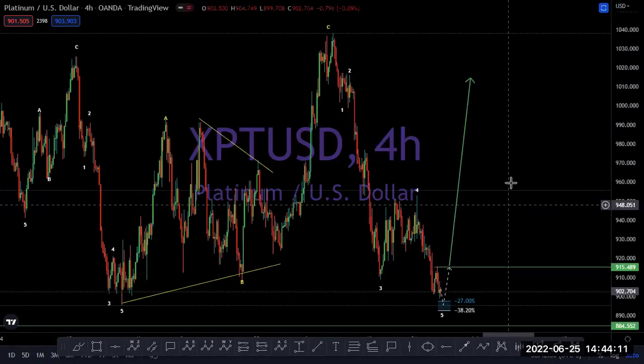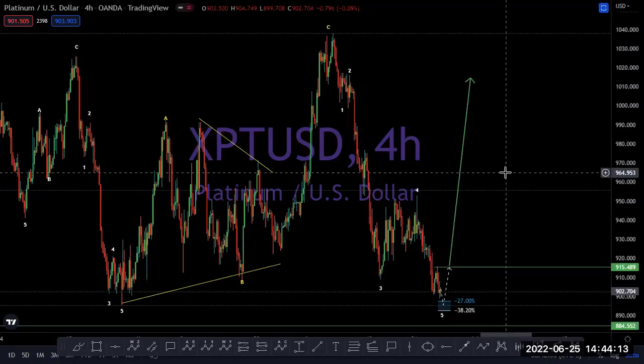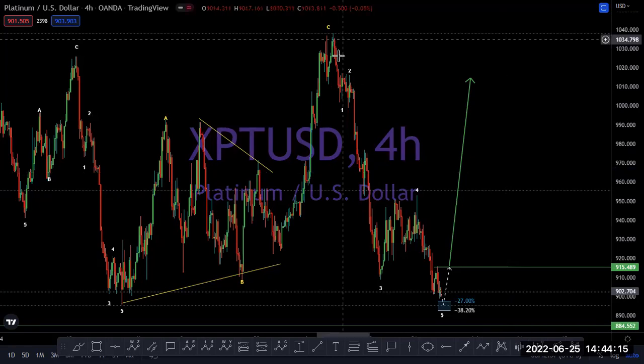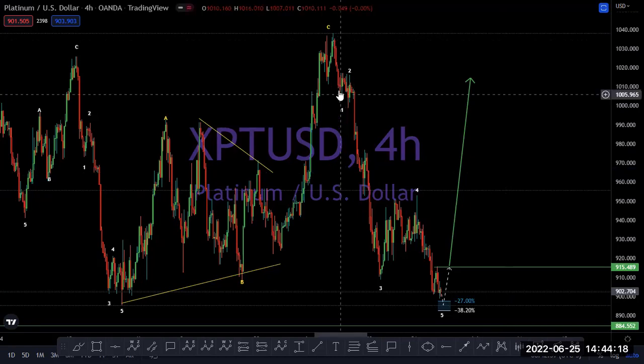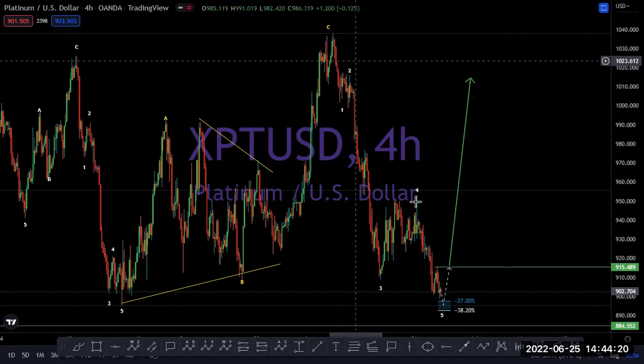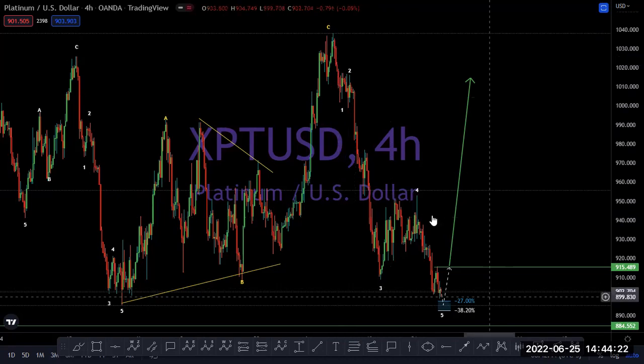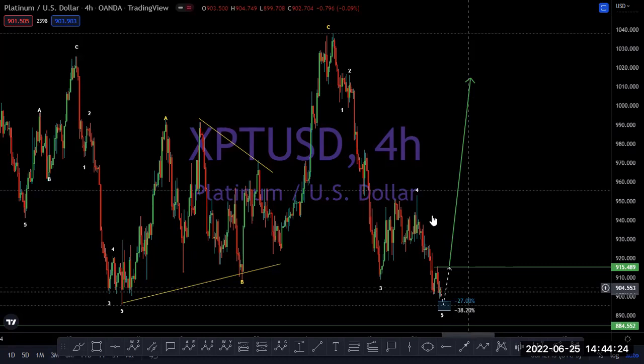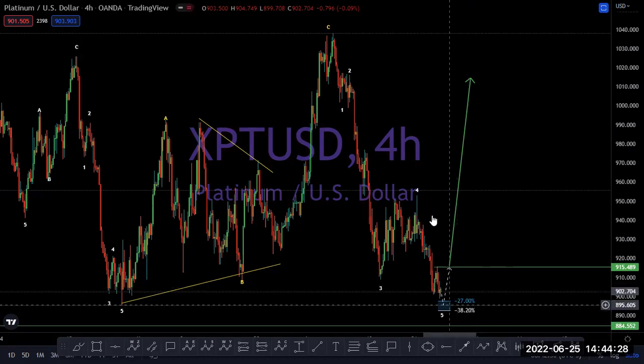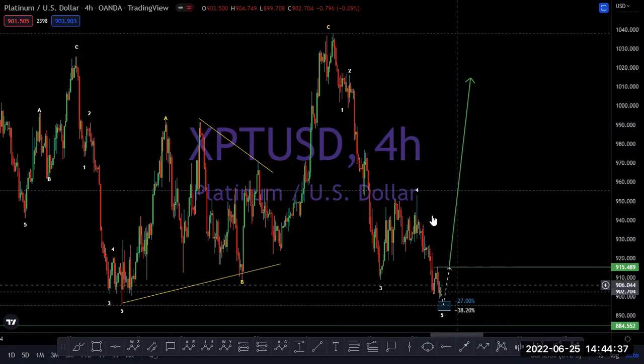Remember last week, I said we are getting 5 waves. 1, 2, 3, 4, 5. Those 5 waves have completed. Please note, the 5th wave can go deeper. We haven't gotten a reversal buy setup yet.